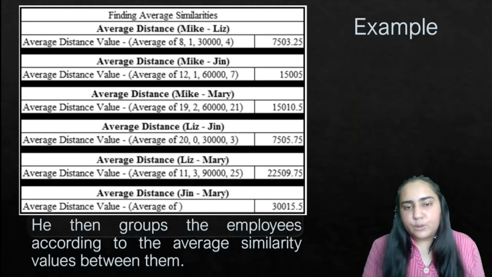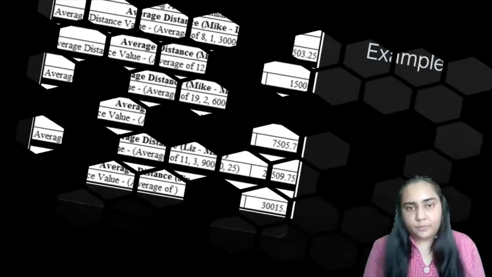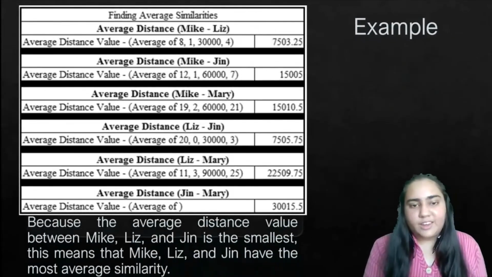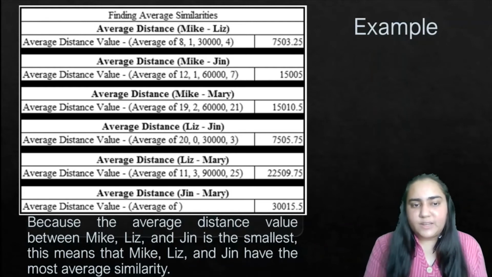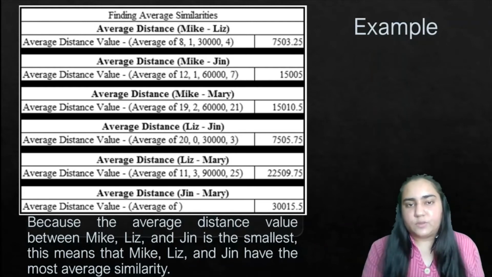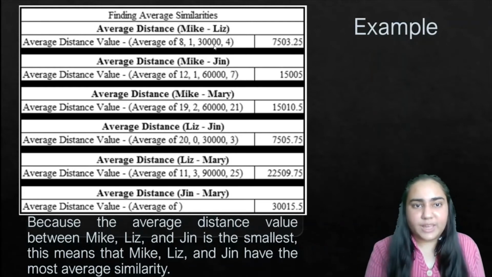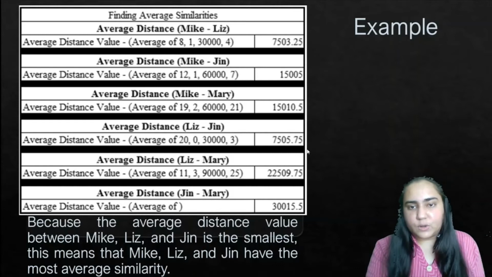Now he's going to group the employees together according to the average similarity values between them. Because the average distance value between Mike, Liz, and Jin is the smallest, you can see Mike and Liz comes here. Then you have Liz and Jin, which is also smallest.